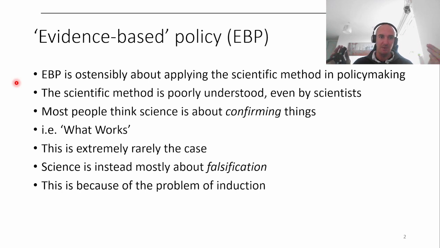I think the scientific method is quite poorly understood, even by scientists, or indeed especially by scientists, and especially by economists. So I think economists at the moment have an extremely narrow understanding of what knowledge is, how knowledge can be generated, and what counts as good or bad knowledge. And given the dominance of economics over policymaking, I think this can lead to a lot of bad policymaking.